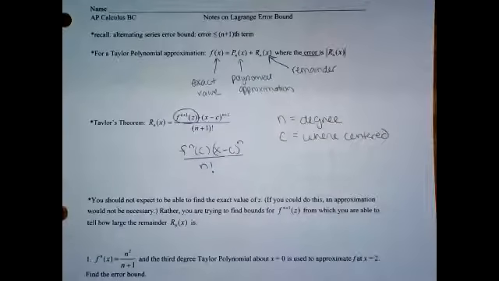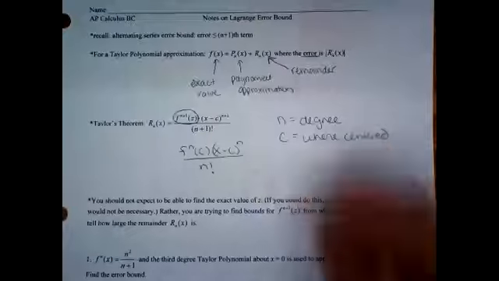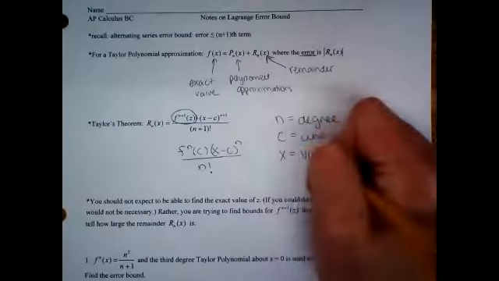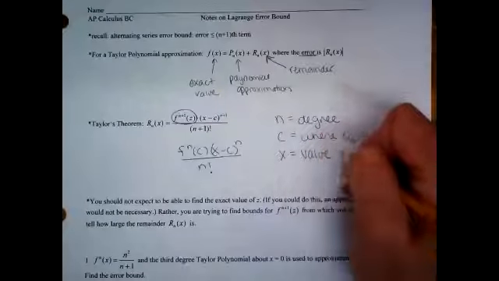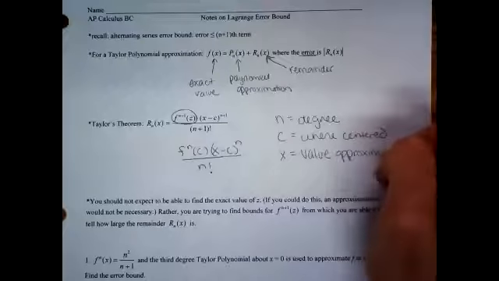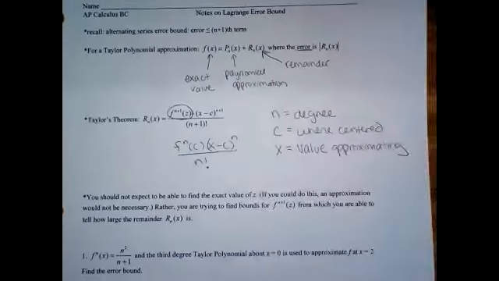For these, they center them at 0. They're going to be Maclaurin. But C is where it's centered. And then X is the value that you're plugging in, the value that you're approximating. So you're getting an approximation at X equals whatever. And again, they're going to have to tell you that.